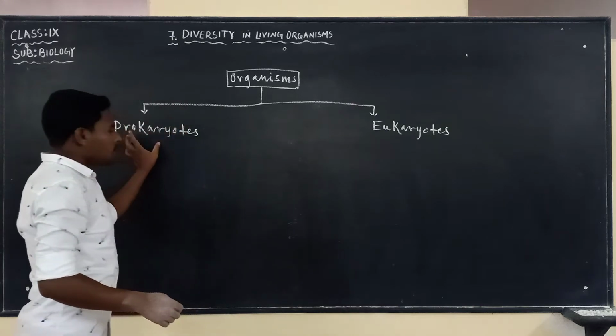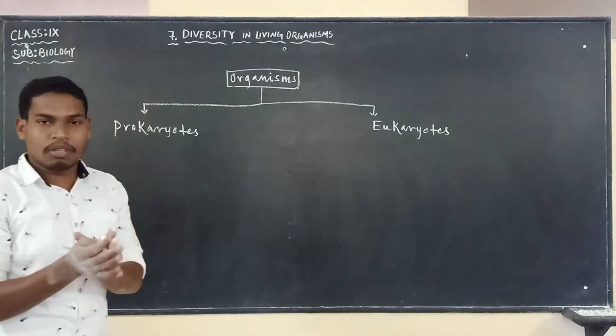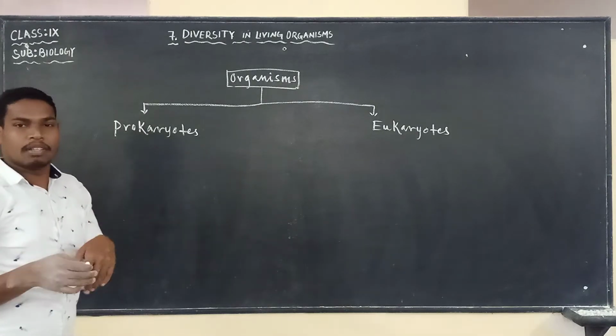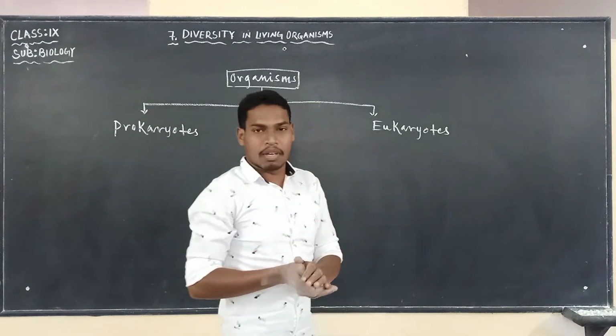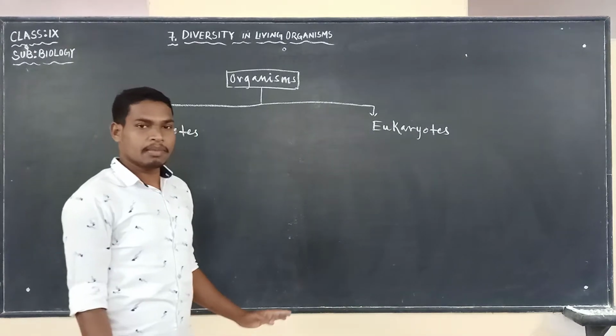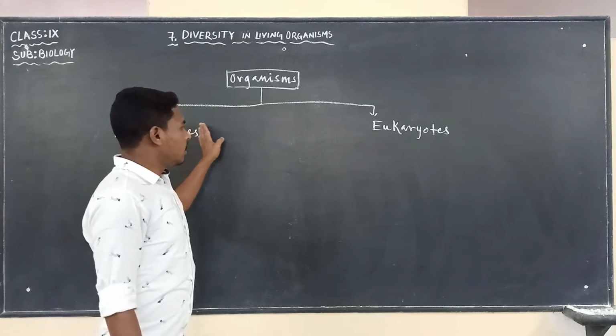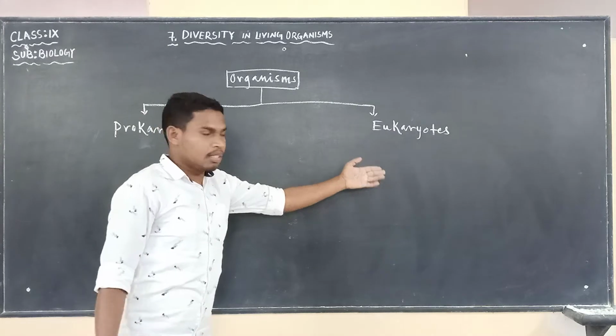Okay, prokaryotes means organisms that do not possess membrane-bound organelles and they do not have a distinct nucleus. Whereas eukaryotes have membrane-bound organelles as well as a distinct nucleus.